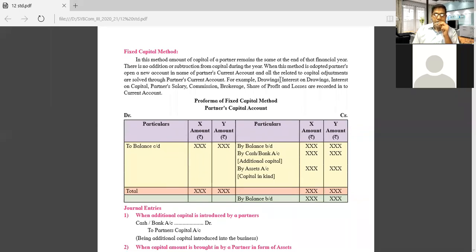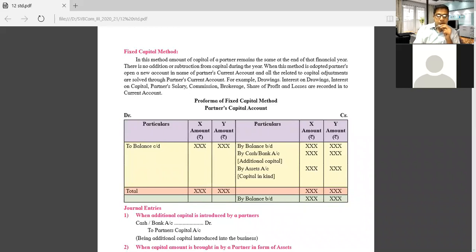Then interest on capital, partner's salary, commission, brokerage, and share of profit and losses are recorded in the current account. It means under the fixed capital method, the partnership firm prepares a separate current account and records all kinds of items related to the partners.